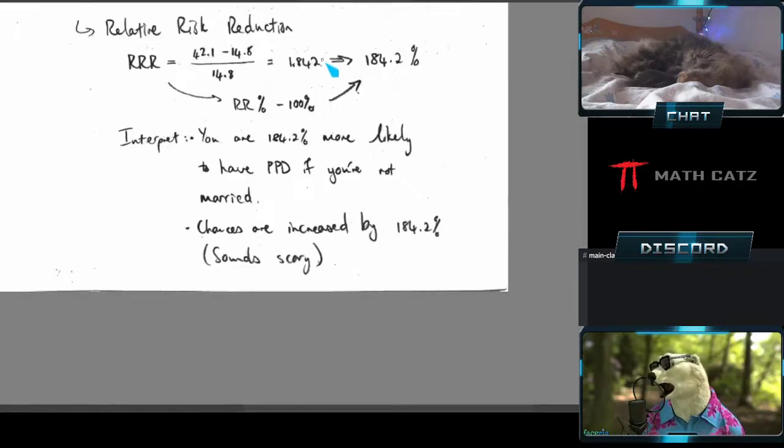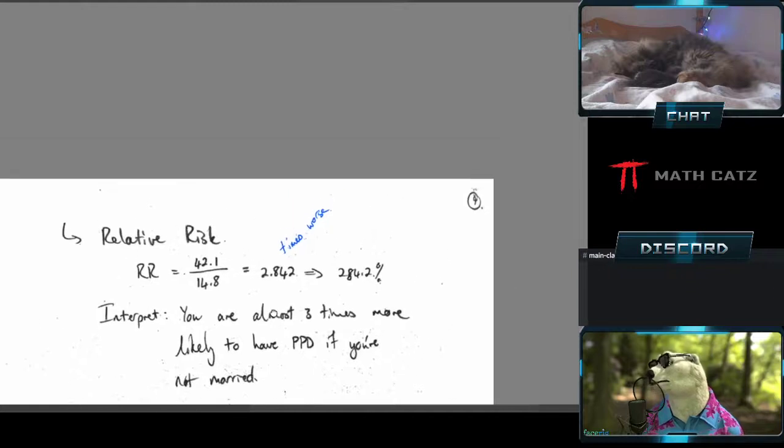If I go back and look at the relative risk, these percentages are the probabilities of having postpartum depression between married and not married.